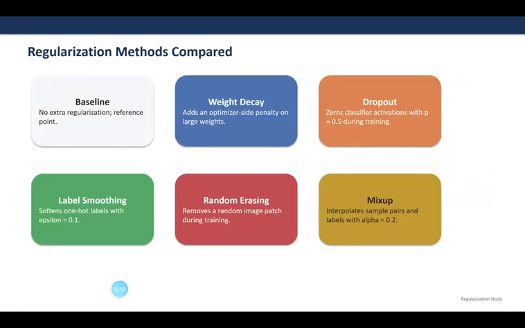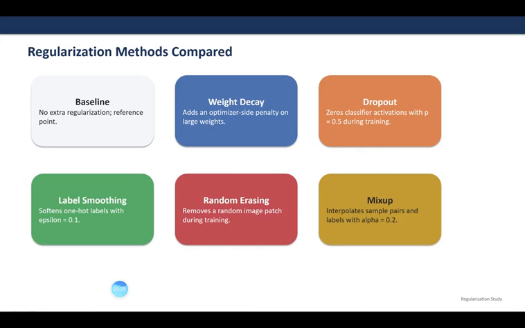I compared 6 total training configurations, 1 baseline and 5 regularization methods. The baseline has no extra regularization beyond standard normalization. Weight decay adds a penalty on large parameter values through the optimizer. Dropout randomly zeros classifier activations during training, which is meant to reduce co-adaptation.